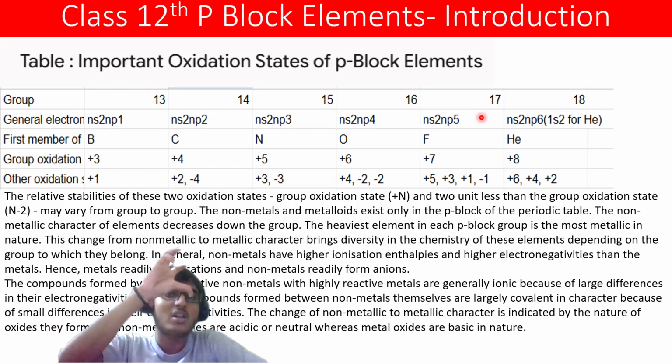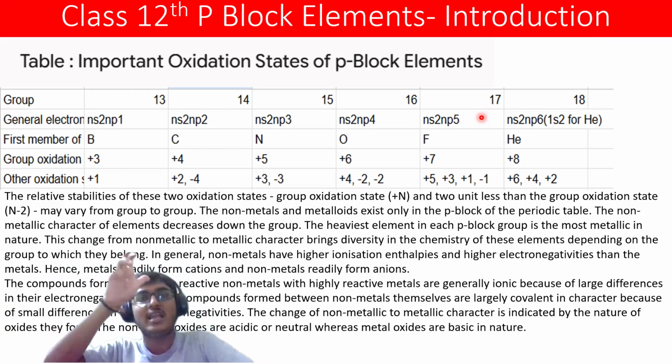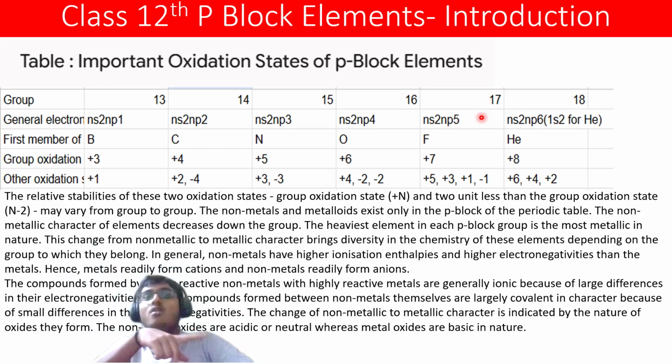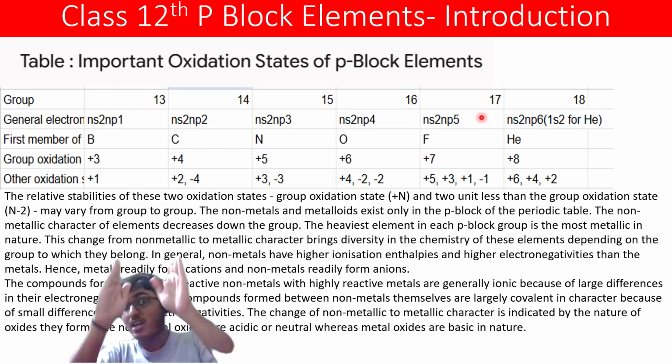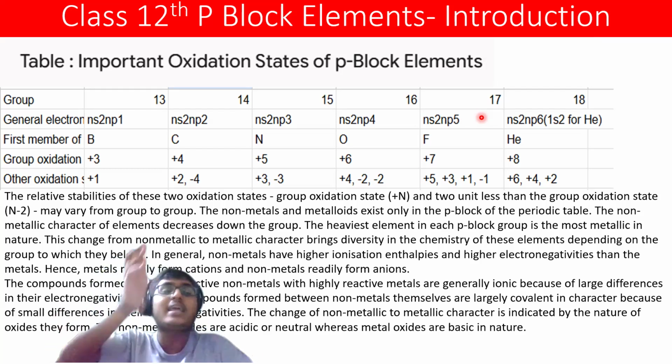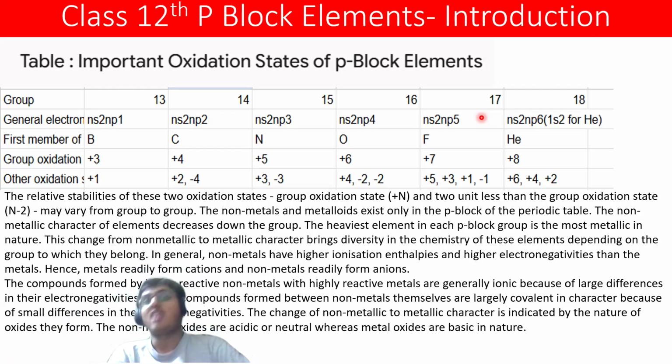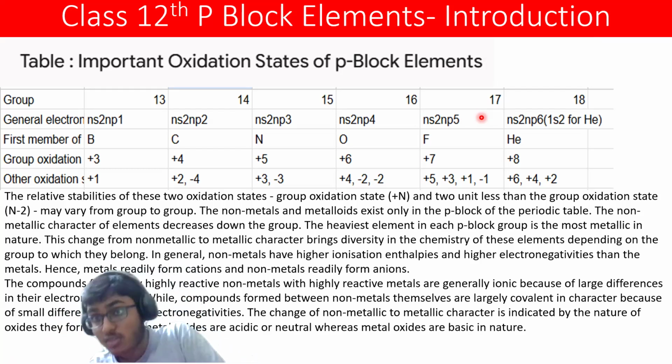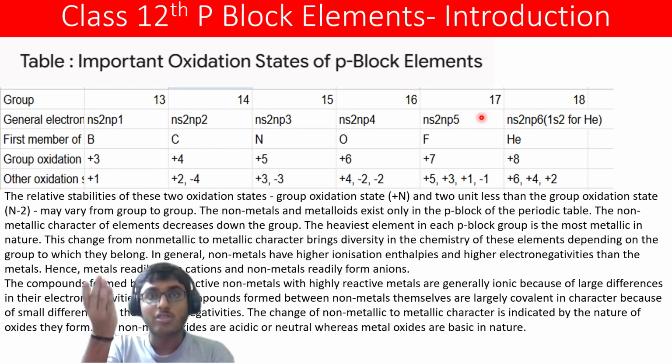So you can see the change from non-metallic to metallic character. The heaviest one is metallic in nature, and non-metallic character decreases. So that means if non-metallic character decreases, then metallic character increases.